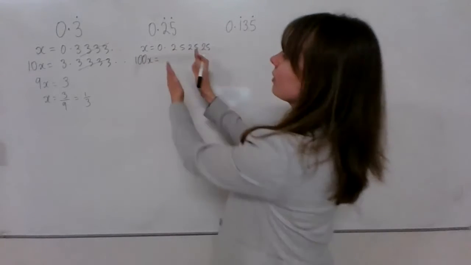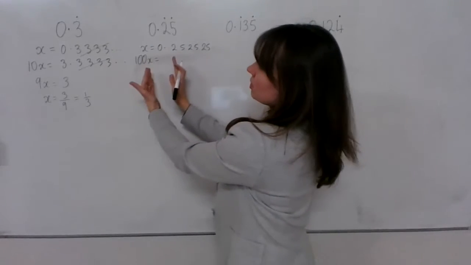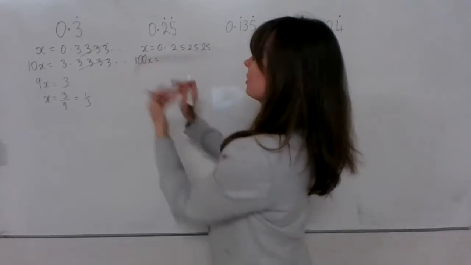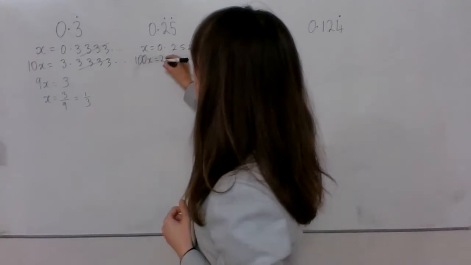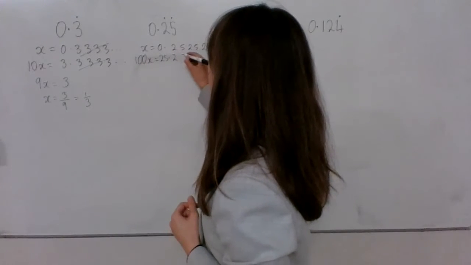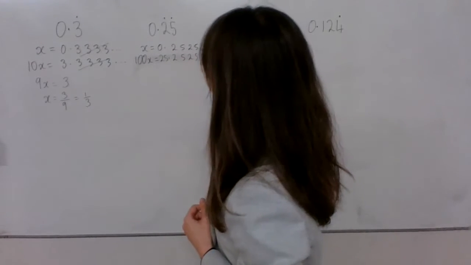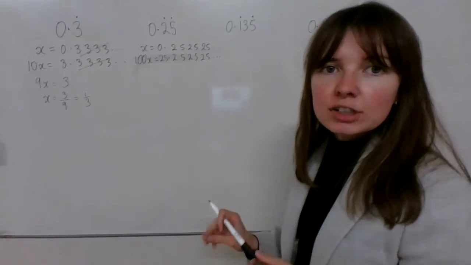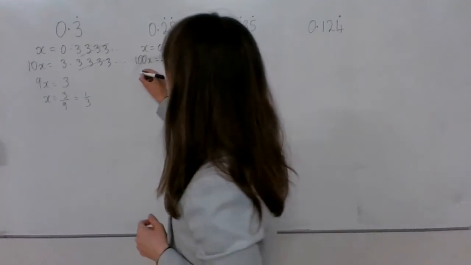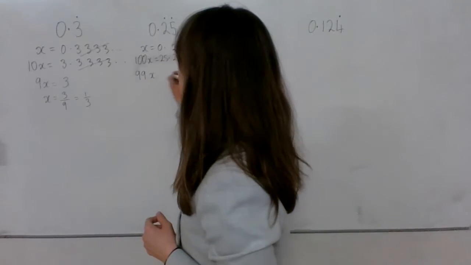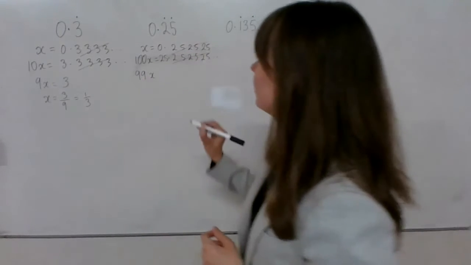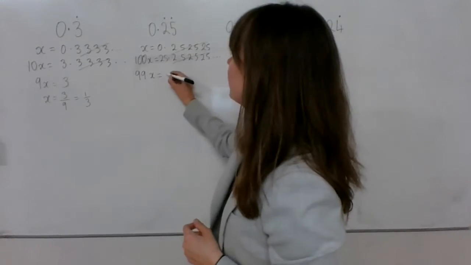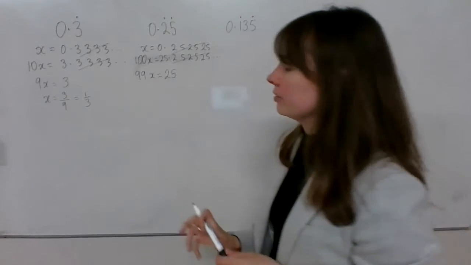Okay, that way the place value we're shifting to the left, we're shifting twice to the left in terms of place value. So we get 25.252525 and so on. Now when I cancel out 100x minus 1x, I get 99x, and all those 5 recurrings cancel out, and I'm left with 25.